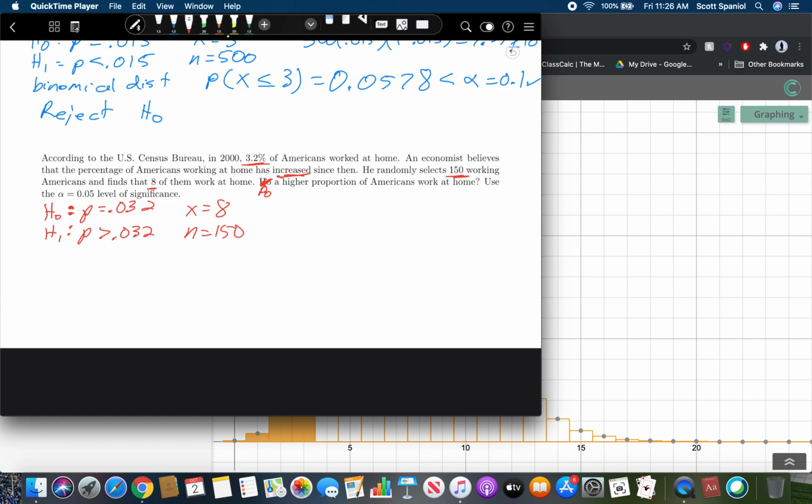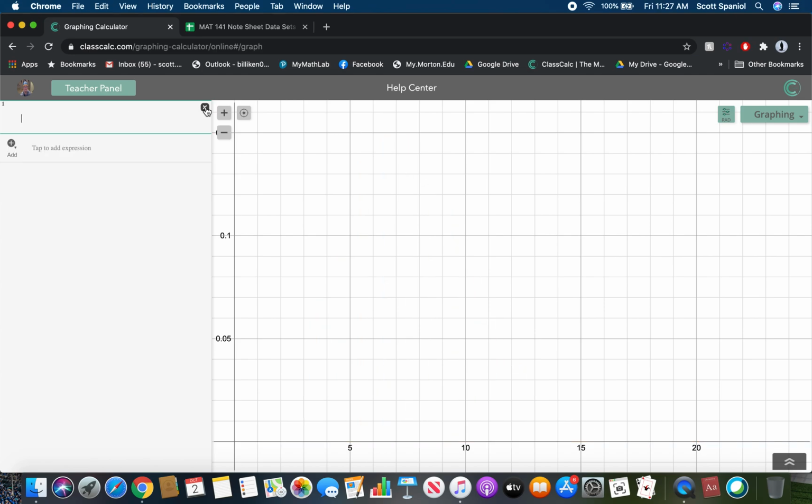Our N times P naught times 1 minus P naught gives us 4.65, which is not greater than or equal to 10. So we have to use the binomial distribution. So we do our binomial distribution here, with an N of 150 and a P of 0.032.